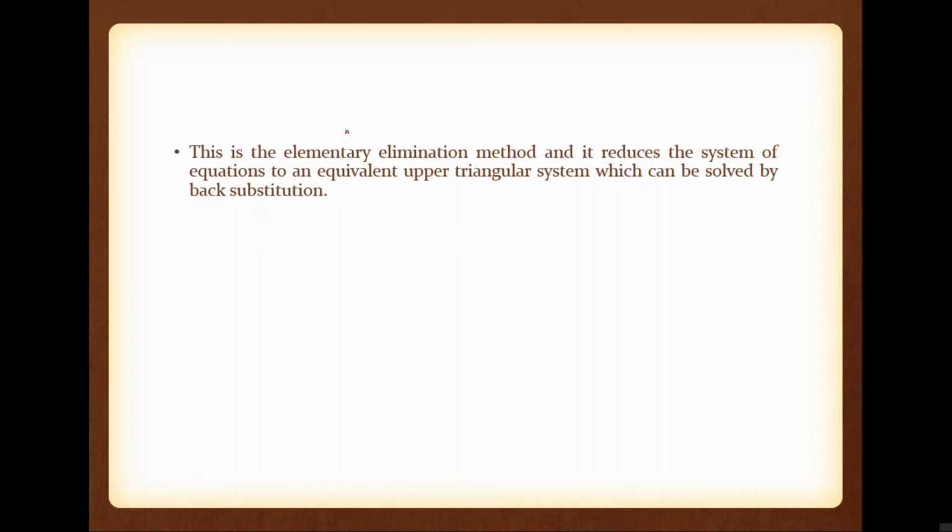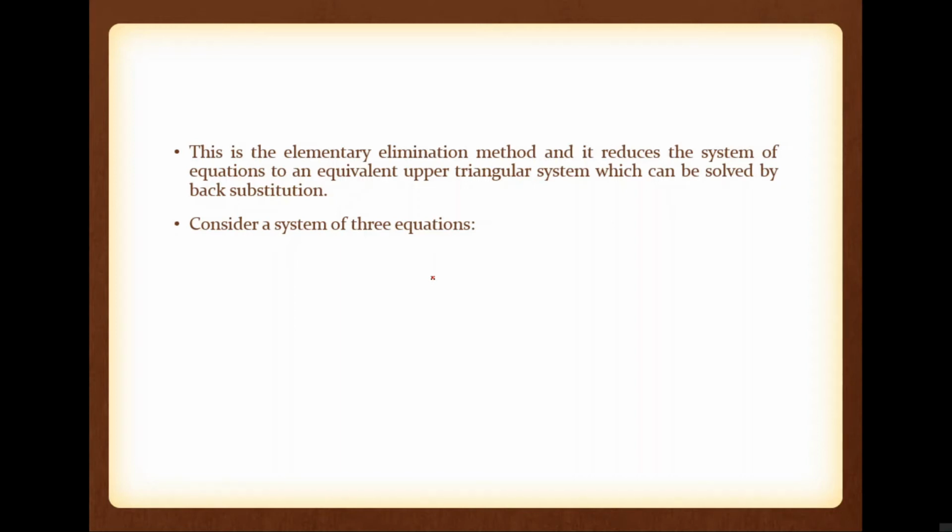So through elementary elimination we are converting the given system to an upper triangular matrix or upper triangular system. Then by applying back substitution we are finding the value. Okay, so first I think we can explain the procedure of how we are doing this.